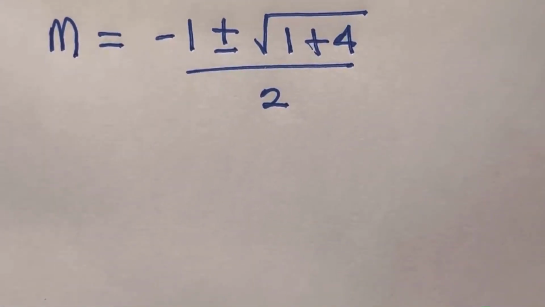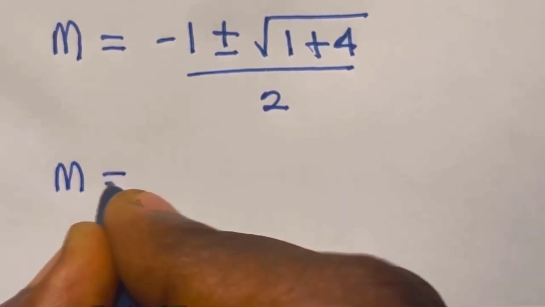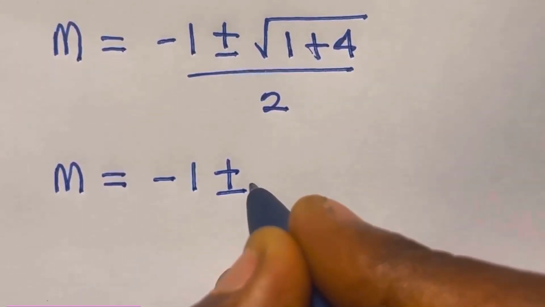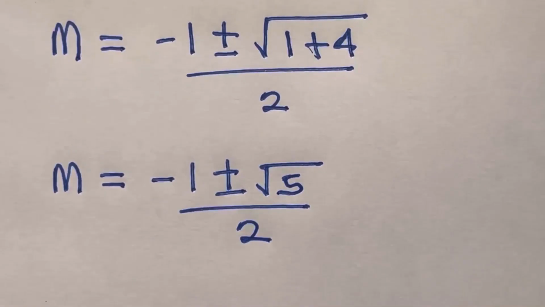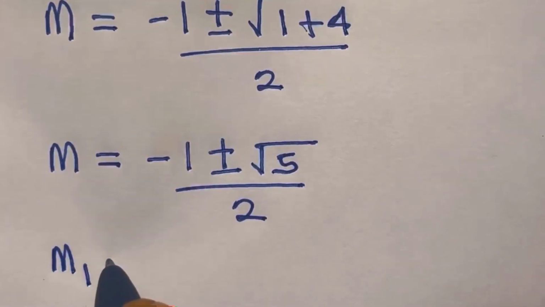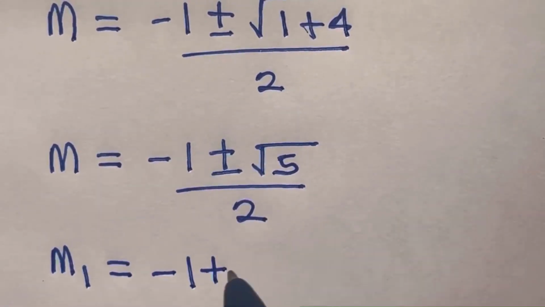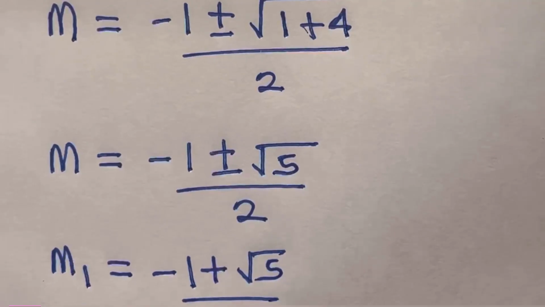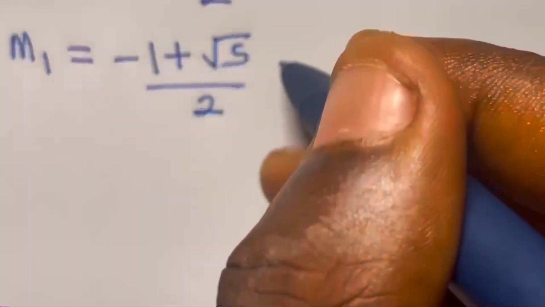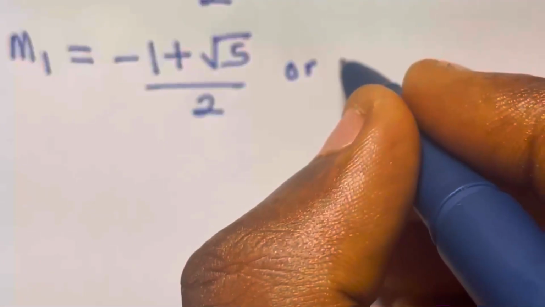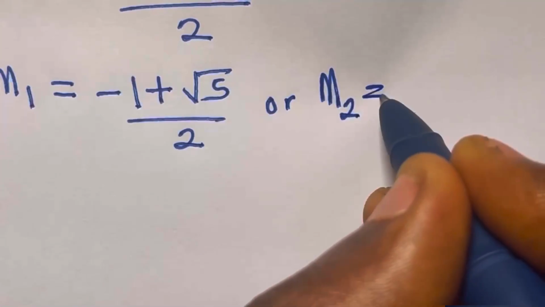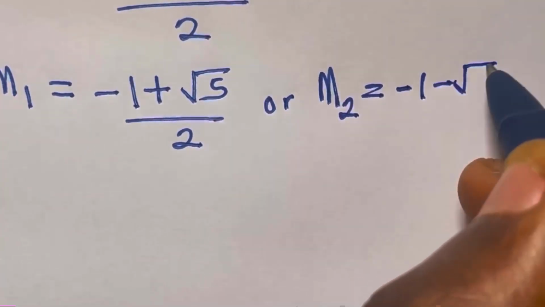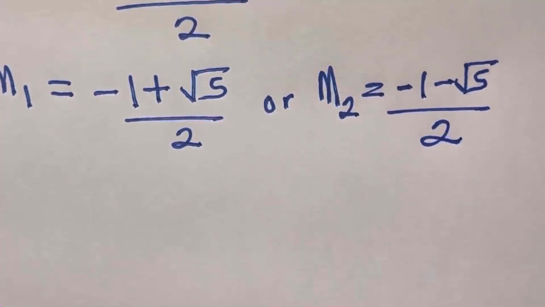So we have m equals minus 1 plus or minus square root of 5 divided by 2. So from here we can declare that our m1 equals minus 1 plus square root of 5 divided by 2, or our m2 is equal to minus 1 minus square root of 5 divided by 2.